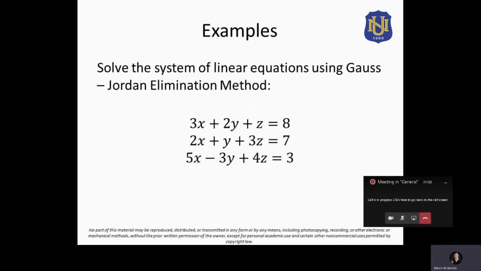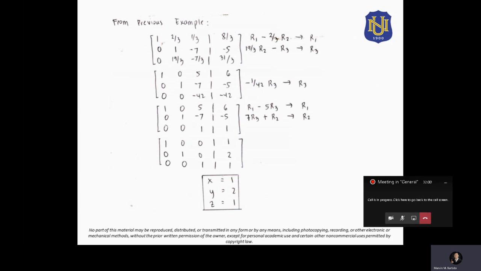So we have here the same example na katulad nung sinolve natin sa Gaussian elimination. So now we're going to solve this using Gauss-Jordan elimination. So this will be the solution using Gauss-Jordan elimination.